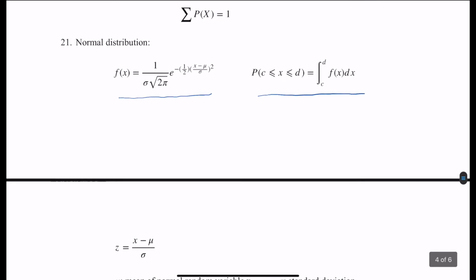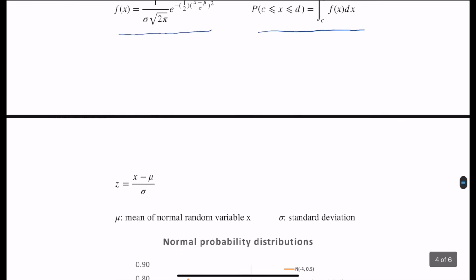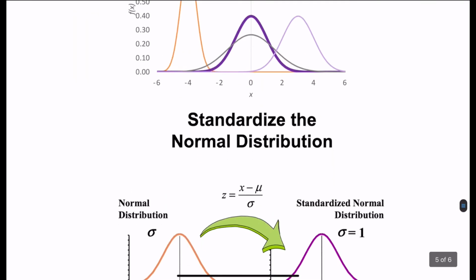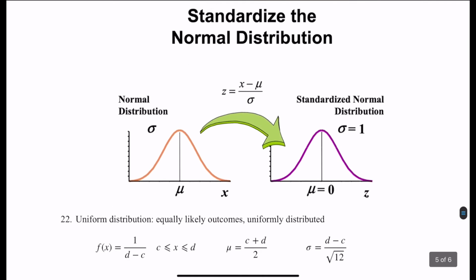This is about normal distribution, and another thing about normal distribution is how to standardize it, right? How to standardize a random normal distribution to the standard form of normal distribution with the mean equal to 0 and the standard deviation equal to 1.